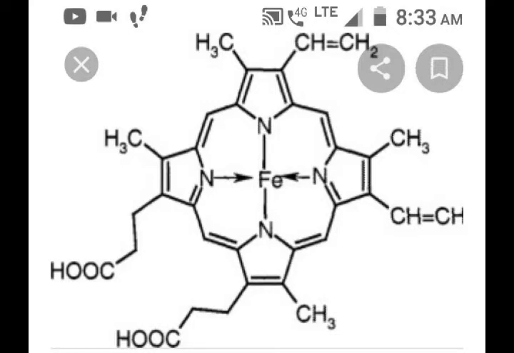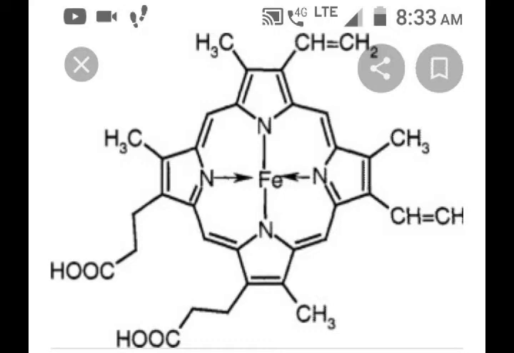In general, the Fe2+ ion is susceptible to oxidation. Because of the globin protein part only, it doesn't get oxidized. Sometimes 3% of hemoglobin is oxidized to methemoglobin.